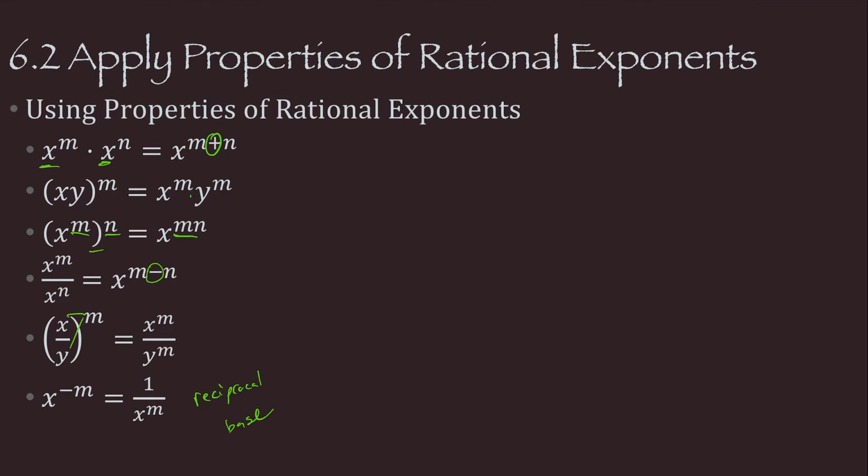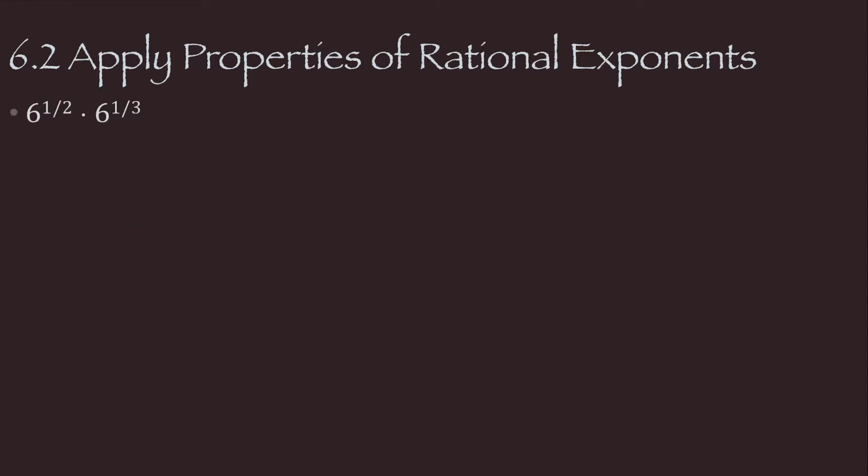So let's try some examples. 6 to the 1/2 times 6 to the 1/3. Well, I'm multiplying with the same base, so that means I would add my exponents. So 1/2 plus 1/3. Oh, but wait, I need a common denominator, so that would probably be 6.